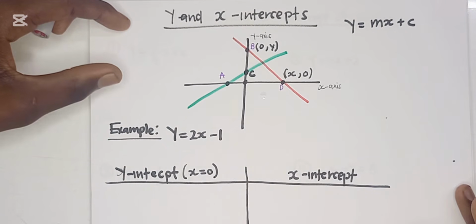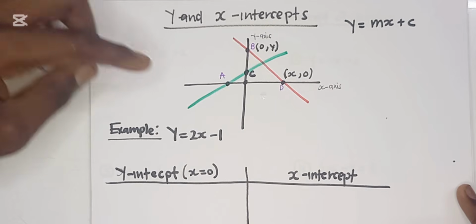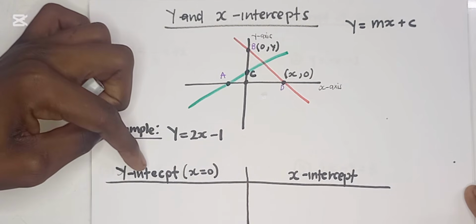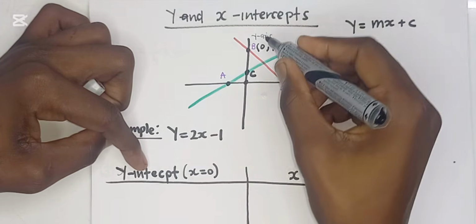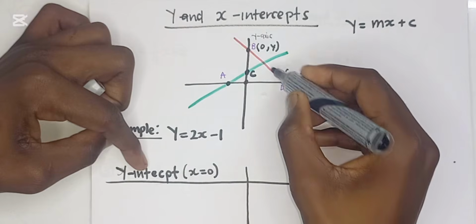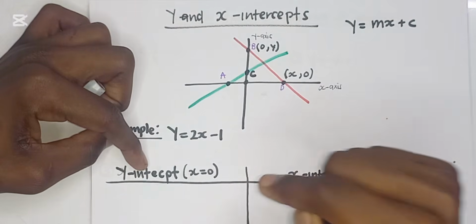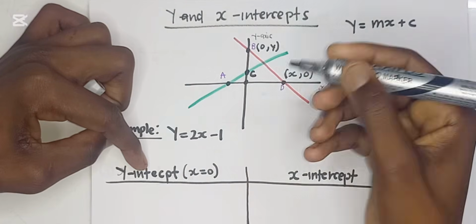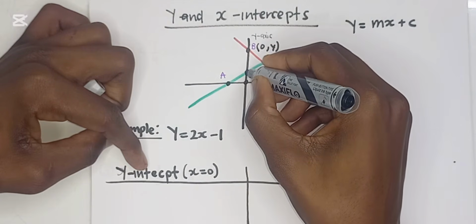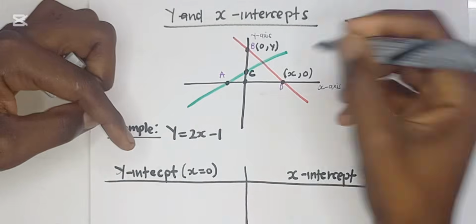Why do we let x be equal to 0? Because for the y-intercept, we already have its x coordinate. Look at this point B, which is our y-intercept. Remember, the y-intercept is the point that touches the y-axis. Also this point C is a y-intercept.